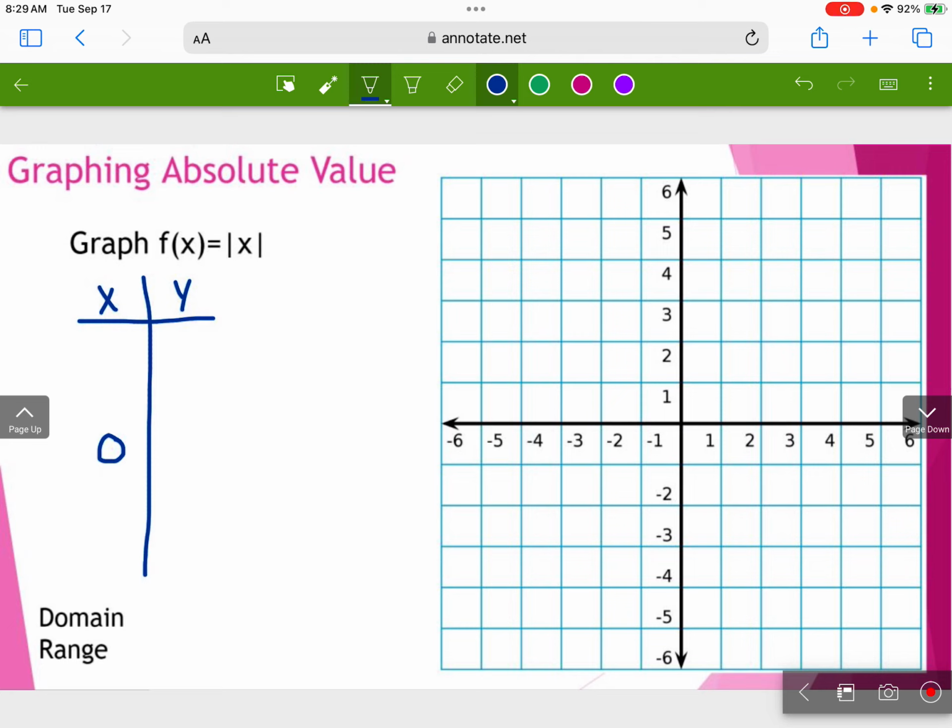I need some numbers smaller and I need some numbers bigger. What are some numbers smaller than 0? -1, -2. What are some numbers bigger than 0? 1 and 2.